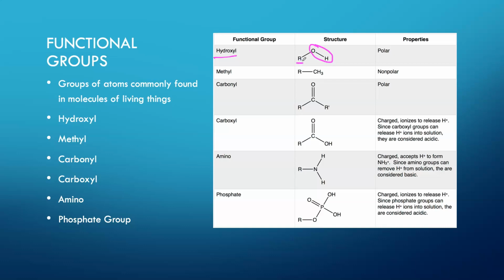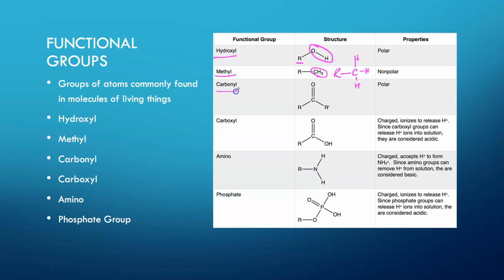It could be any other type of structure, and as long as it has this OH, that's the hydroxyl part that we're speaking of. Okay, a methyl group is this CH3. So we just saw methane, which was carbon with 4 hydrogens. So in this case, the carbon, right, is bonded to 3 hydrogens. And then this part where it has the R means anything else, right? So that would be the methyl group.